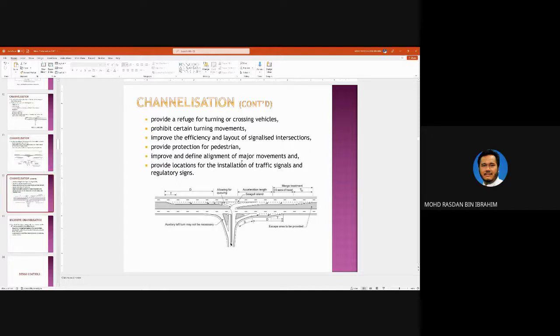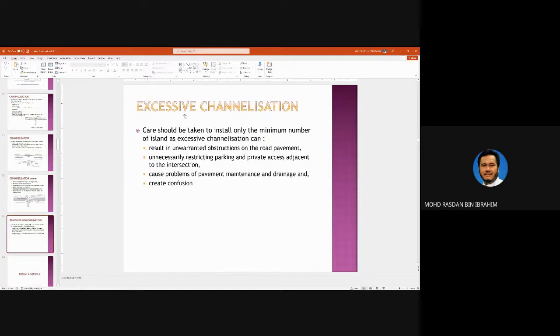But you need to bear in mind that channelization is actually an obstacle. It is good, but it is an obstacle. So you cannot use it excessively. That will result in unwarranted obstructions on the road pavement, unnecessarily restricting parking, and causing problems with maintenance and drainage. Because everything, you have curbs.